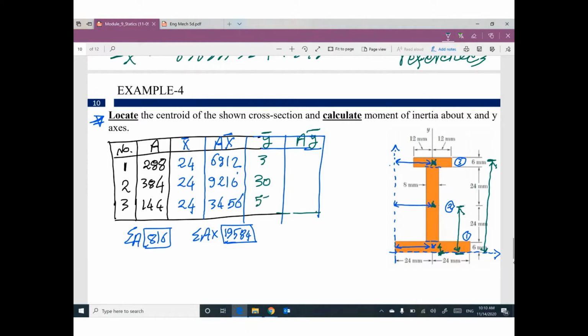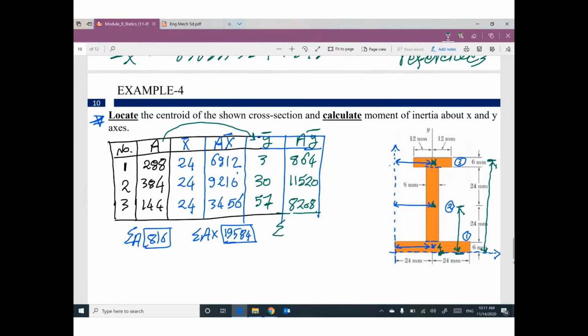Go ahead and multiply this column by this column. So 288 times 3, 864. 384 times 30, 11,520. 144 times 57, 8,208.